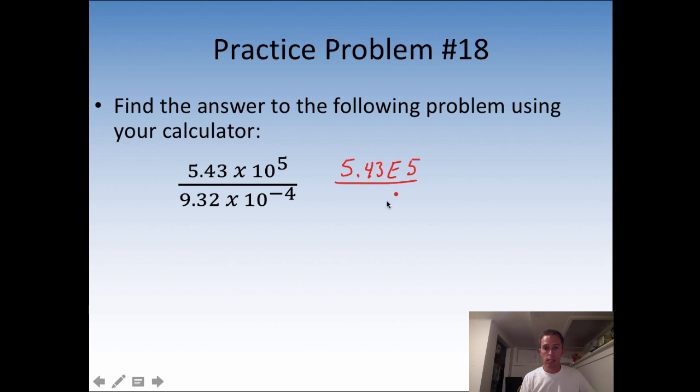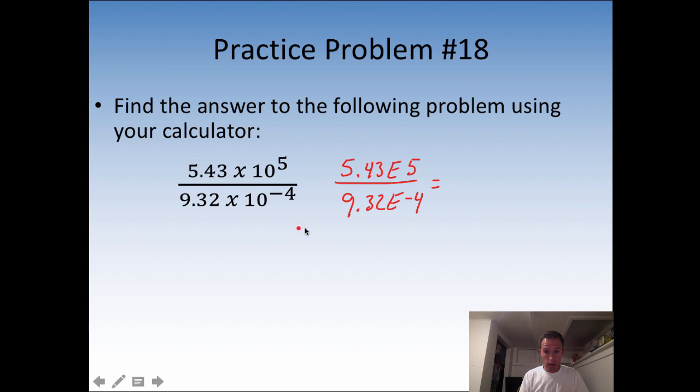Then the division button on your calculator, 9.32 big E to the negative 4. If you put that in your calculator, let me see if I can get it right. 5.43 big E to the 5 divided by 9.32 big E to the minus 4.